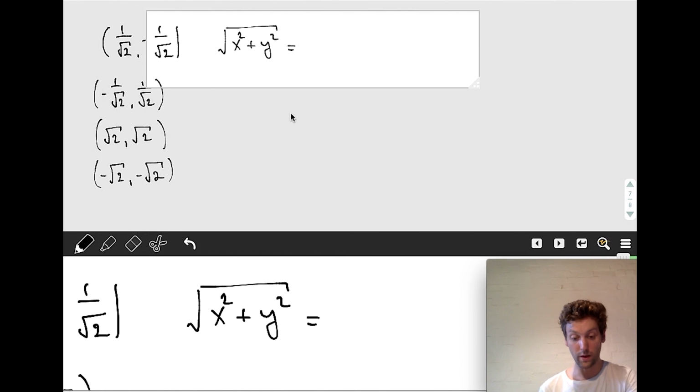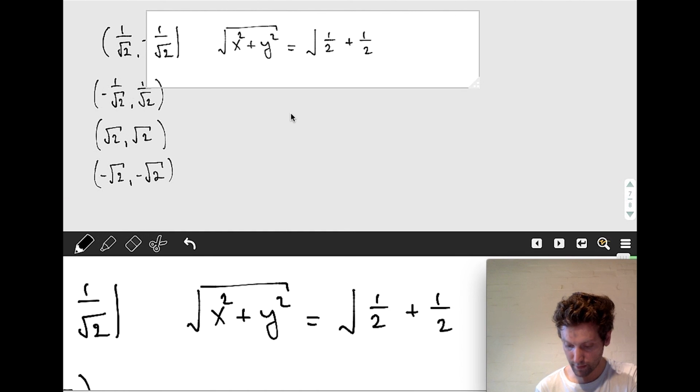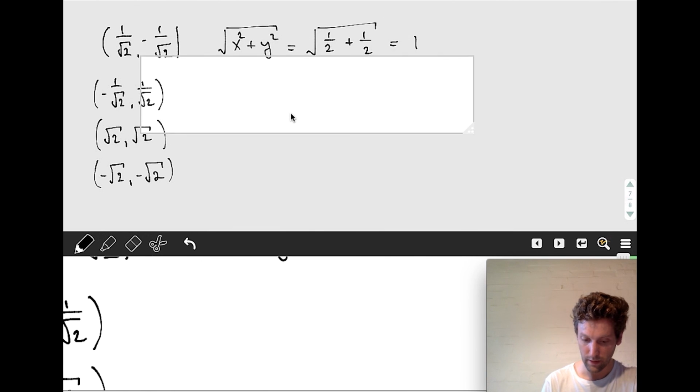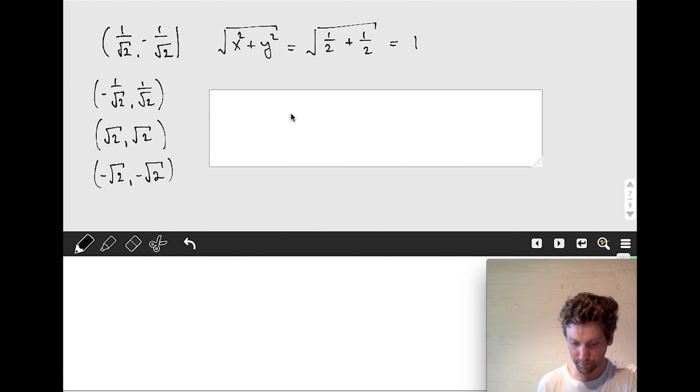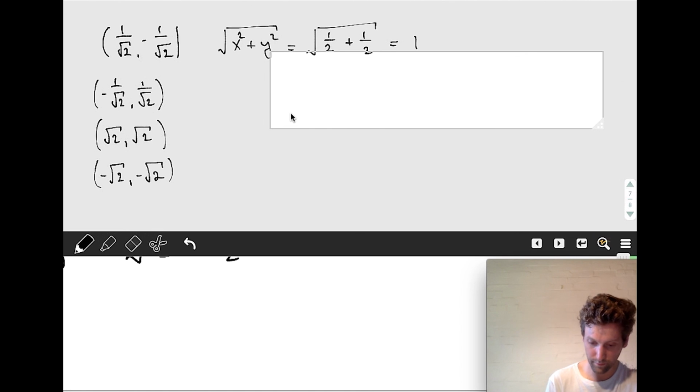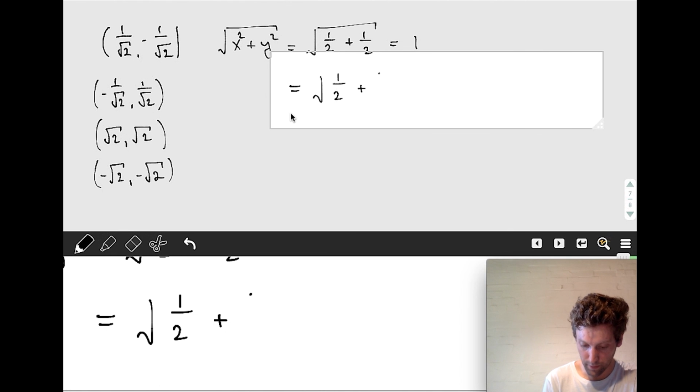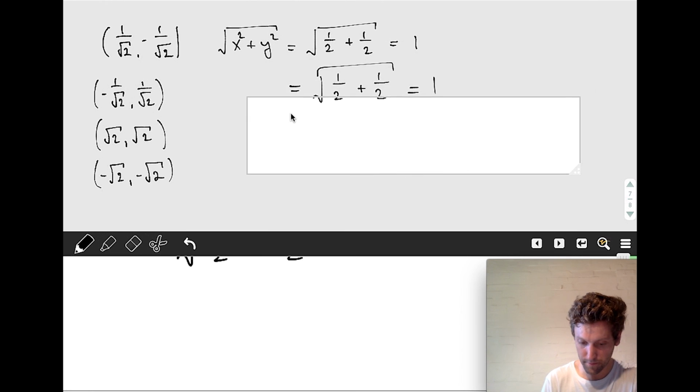So for my first point there, 1 over root 2, minus 1 over root 2, I'm going to get the square root of 1/2 plus 1/2. I get the square root of 1, which is 1. For the second point, I get the square root again of 1 over 2 plus 1 over 2. I get a distance of 1.